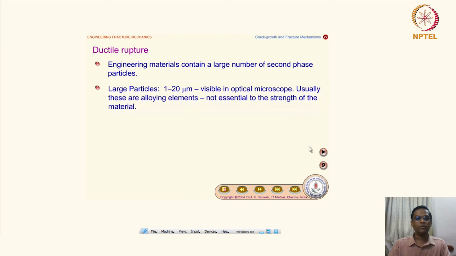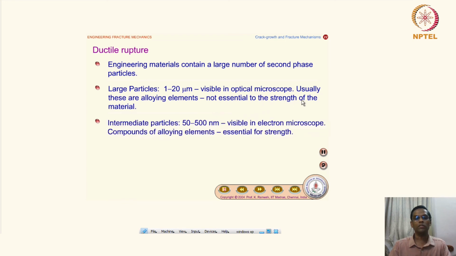Then the ductile rupture. Engineering materials contain a large number of second phase particles. Large particles, which are 1 to 200 microns, are visible in an optical microscope. Usually these are alloying elements, not essential to the strength of the material.